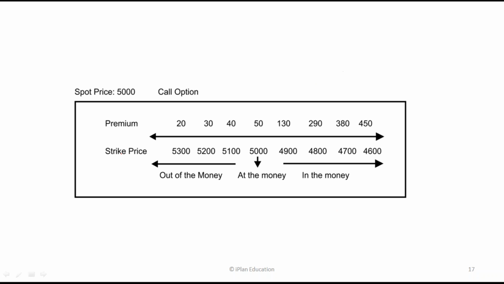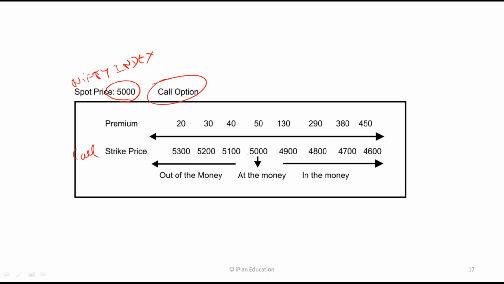Now let's take an example. Let's suppose the spot price for, let's say, the Nifty index or any share or commodity is 5,000. If you are planning to buy a call option at a 5,000 strike price, that means you want to buy the option contract for Nifty or any share or gold or silver at the same as the market price, or the spot price, today.